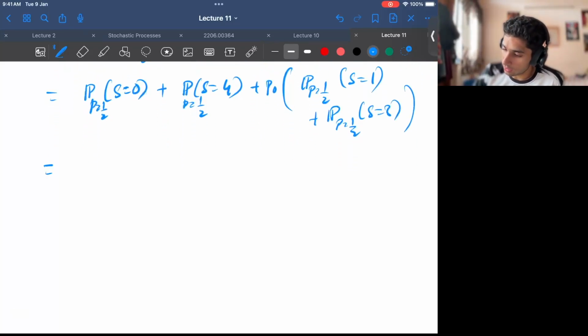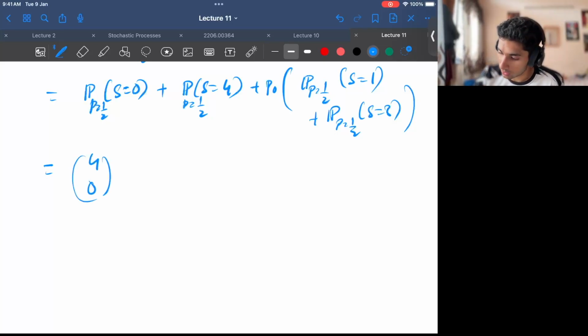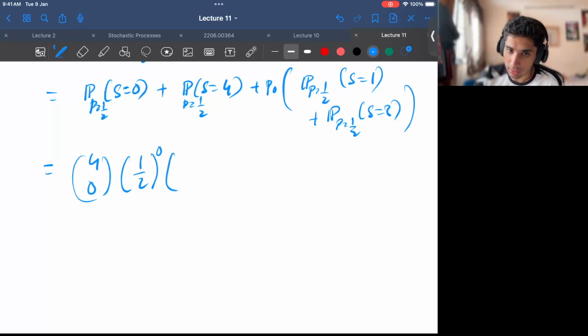Now what will this value become? So under s equal to 0, this will become 4C0, half raised to 0, 0 successes, and half raised to the rest, since the rest of the time you are getting failure. So that is what this thing will be.